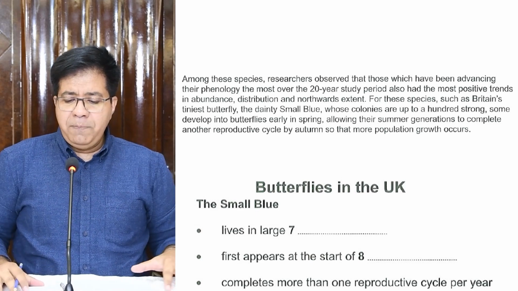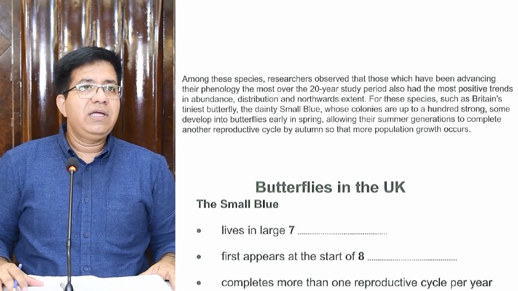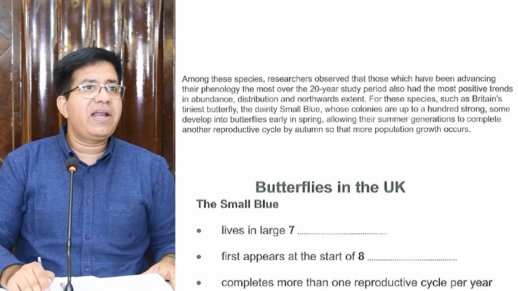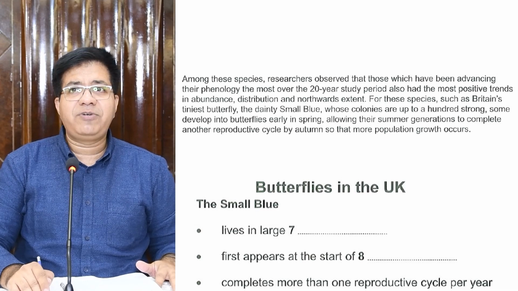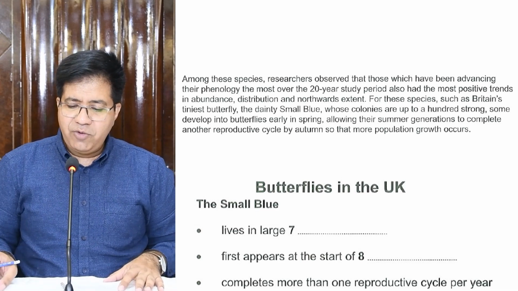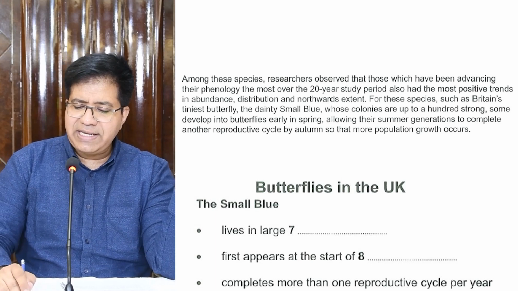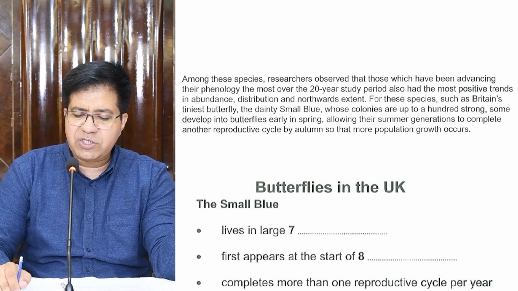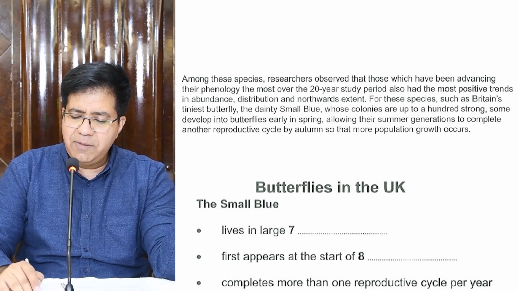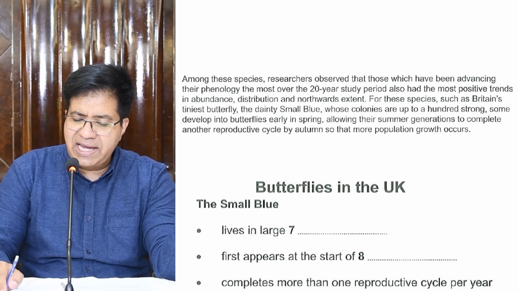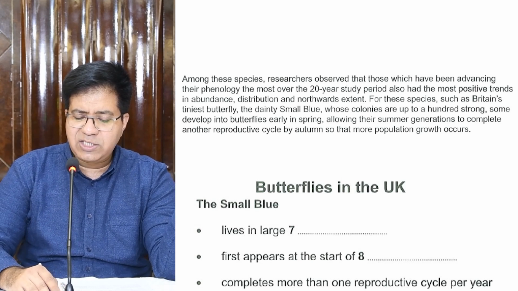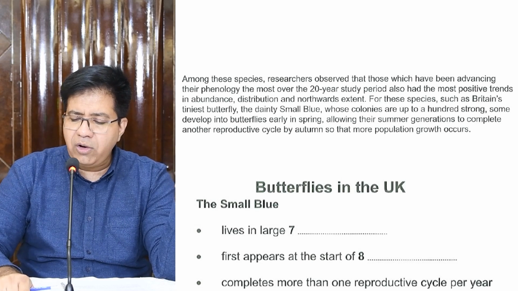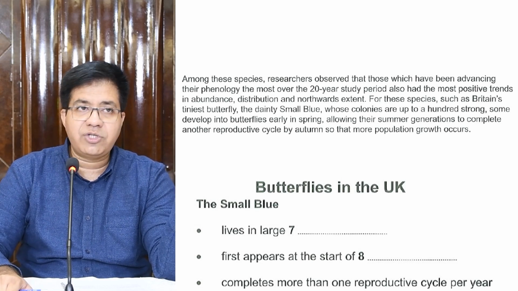Now, small blue is what? It's a butterfly. Lives in large. Underline the word large. Answer will come after the synonym of large. So we come back, second page, second paragraph, third line after full stop. For these species, what do they mean by these? They mention this small. For these species such as Britain's tiniest butterfly, the dainty small blue, whose colonies are up to 100 strong.